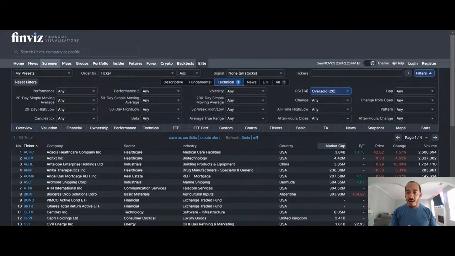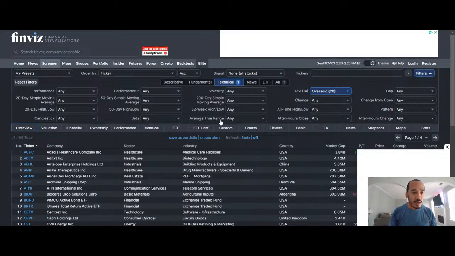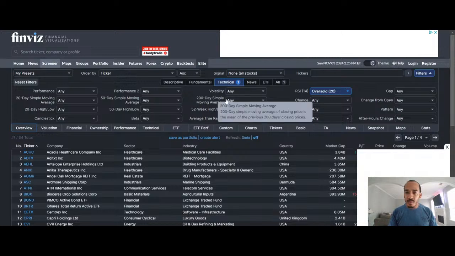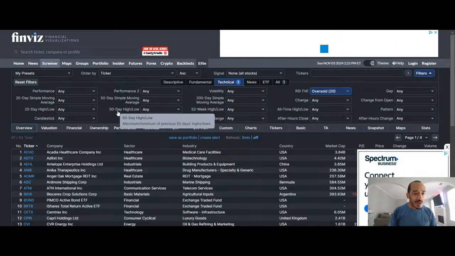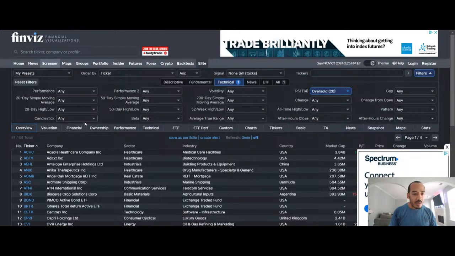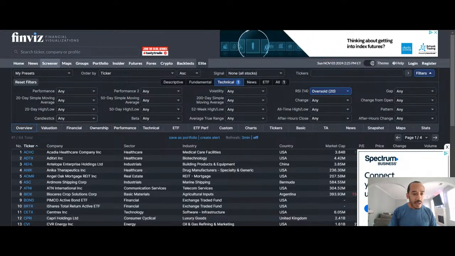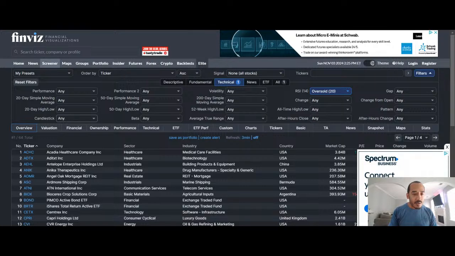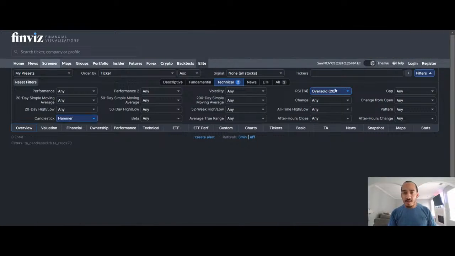Let's see what we got. RSI oversold 20. Let's see. Candlestick. Let's say a hammer candlestick. Nope.